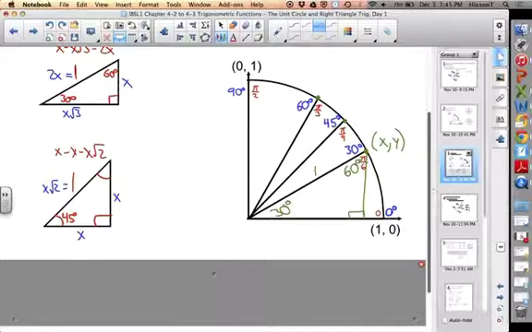Now I want you to take some time on both of these, both for the 30, 60, 90 and the 45, 45, 90. Try to find these other two sides. It'll be a little bit of a geometry review for you.